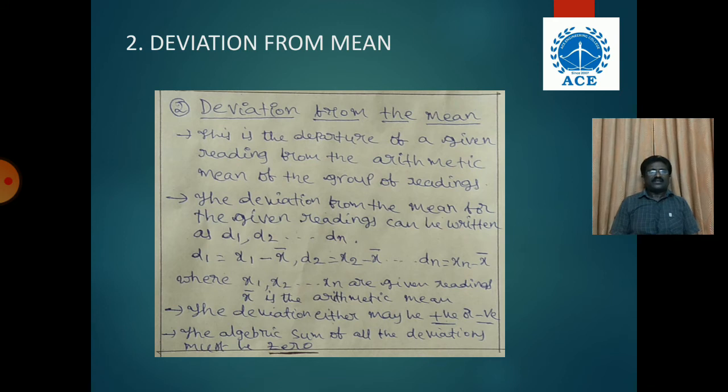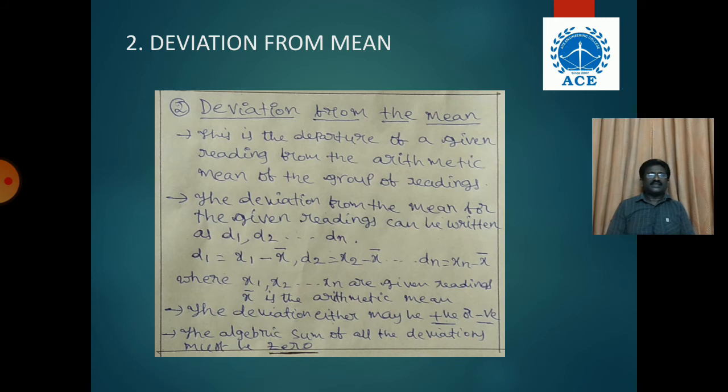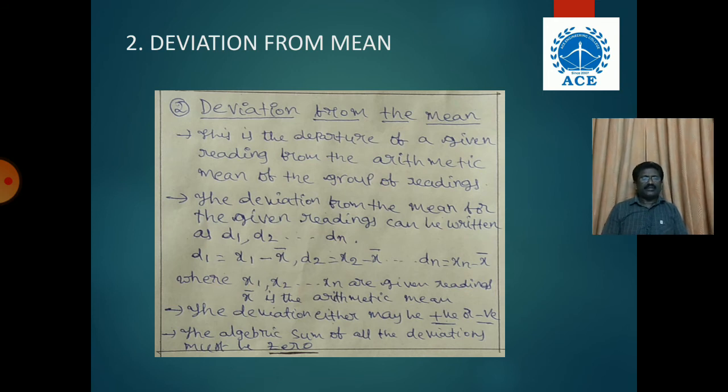The deviation may be positive or negative. The algebraic sum of all the deviations must be 0. That means d1 plus d2 plus d3 plus so on dn is equal to 0. So this is the basic idea about deviation from the mean.